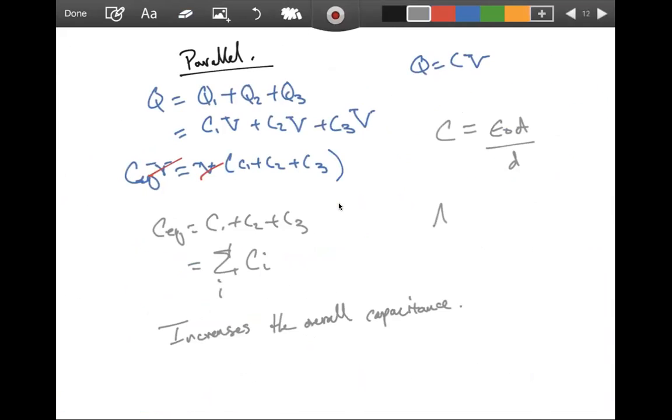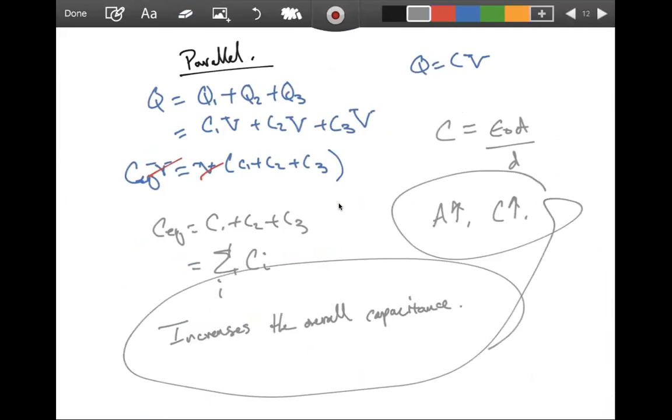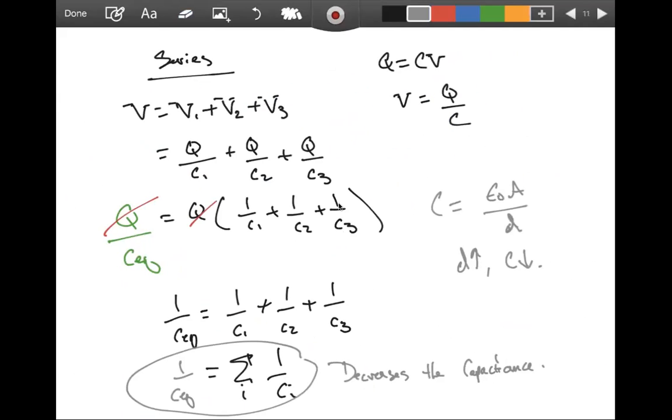As my area increases, my capacitance increases, which matches the statement here. So if I want to increase the overall capacitance, I have to add them in parallel. If I want to decrease the overall capacitance of my system, I have to add them in series.